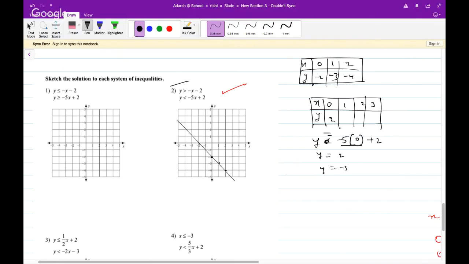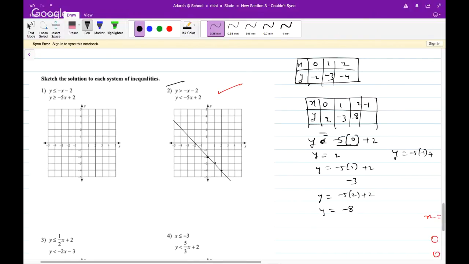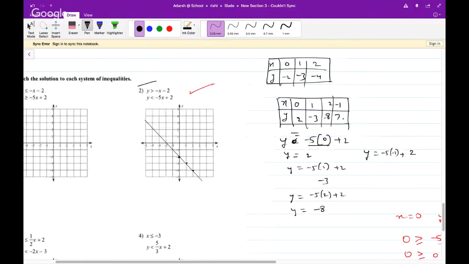When x is 1, you get y as minus 3. x is 2, minus 10 plus 2, which is minus 8. Instead of that, I'll take minus 1. So x is minus 1, y is equal to minus 5 into minus 1 plus 2. So this is 5 plus 2, which is 7. So when it is this, it is 7.